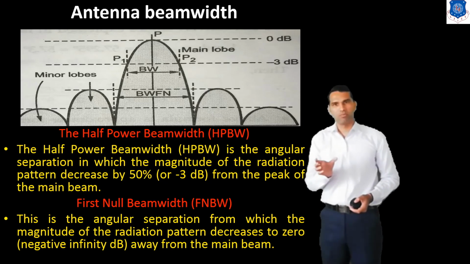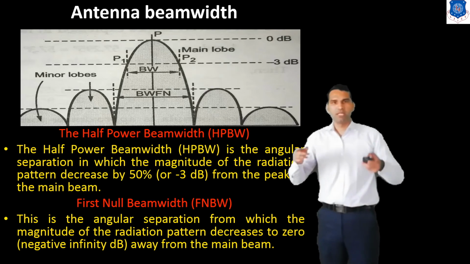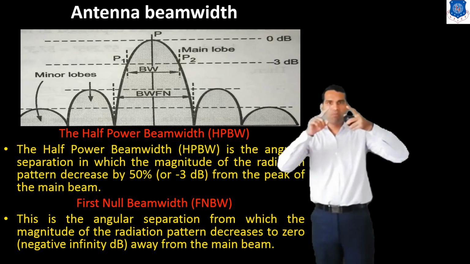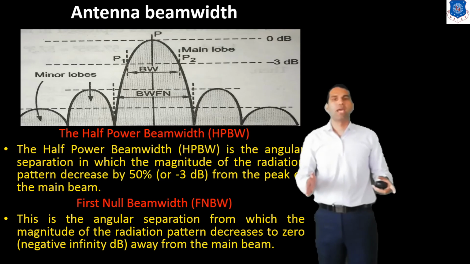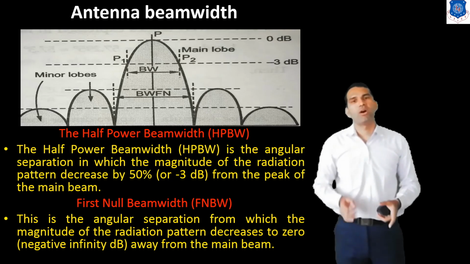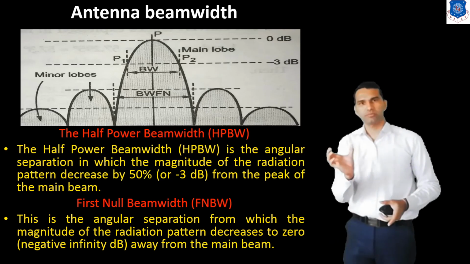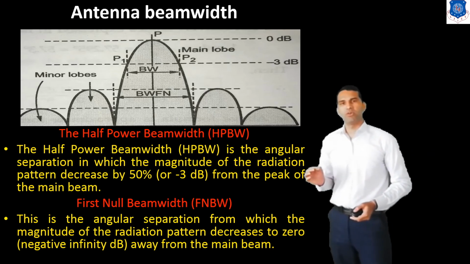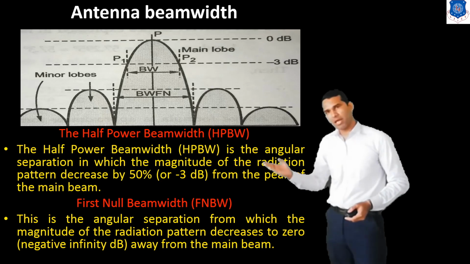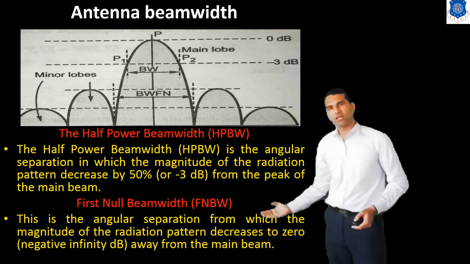We can see this is the null, the main beam width in the null direction. The distance between the two nulls is known as the FNBW, first null beam width. So these are the two important beam widths: first the half power beam width, and second the first null beam width.